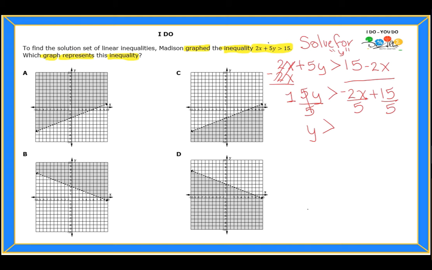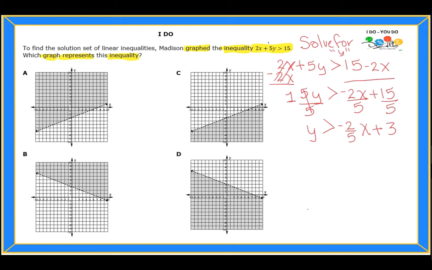Symbol greater than, I don't need to switch it, because I'm not multiplying or dividing by a negative number. What about next? Well, I am going to have my slope negative 2/5 x plus, what's 15 divided by 5? It's a 3, right?